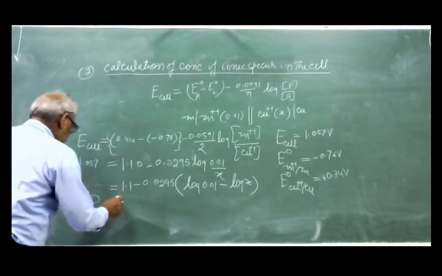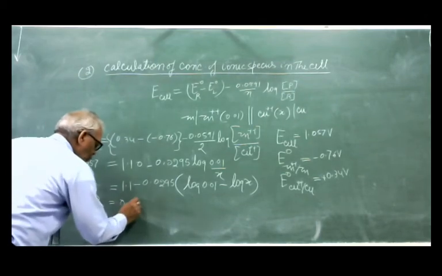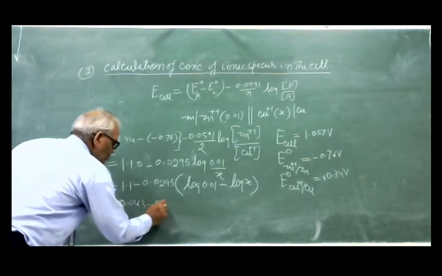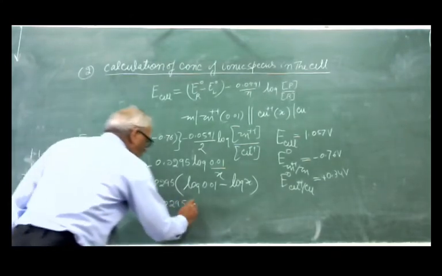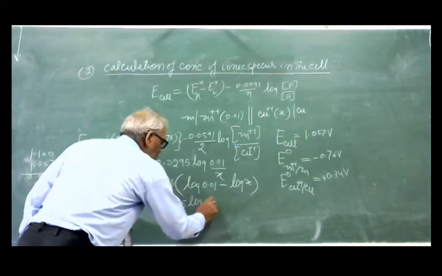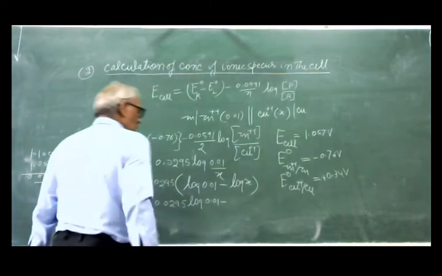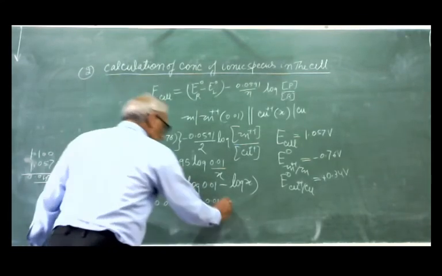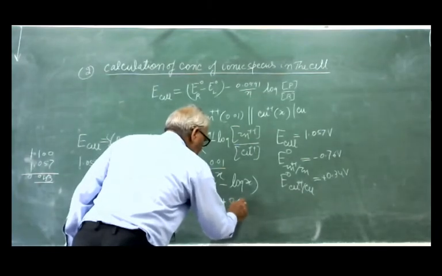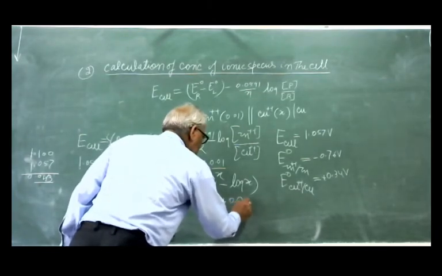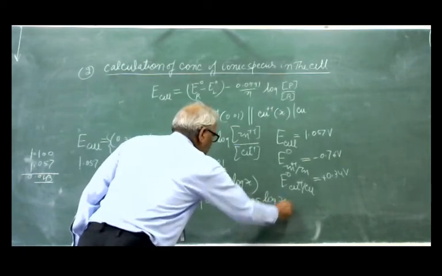So it is 0.043 minus 0.0295 log 0.01 plus 0.0295 log X.